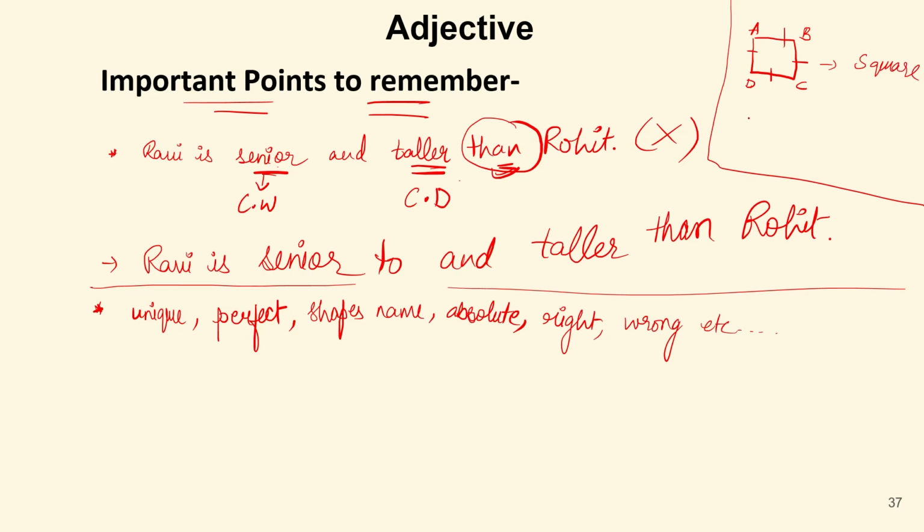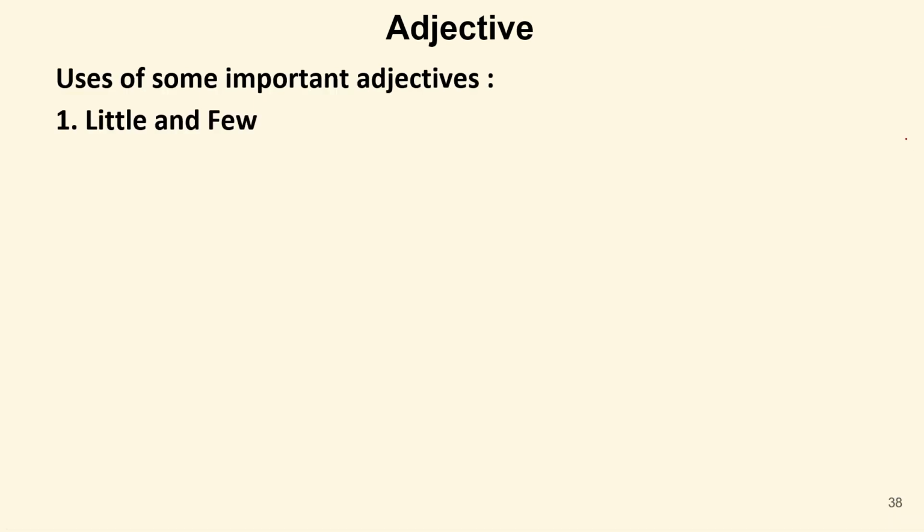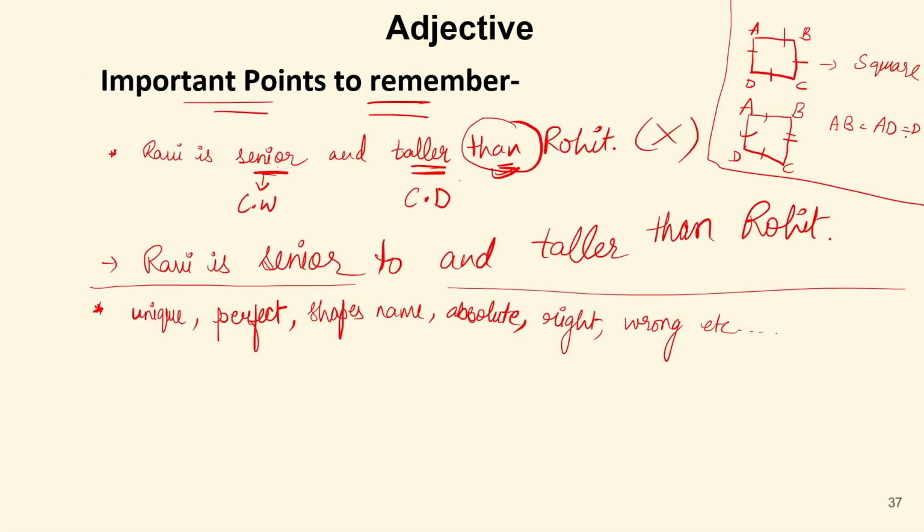Now, if I say that there is a quadrilateral ABCD in which we find these three sides equal, but this side is unequal to these sides, that is AB is equal to AD is equal to DC, but BC is unequal to all of these, is this a square?